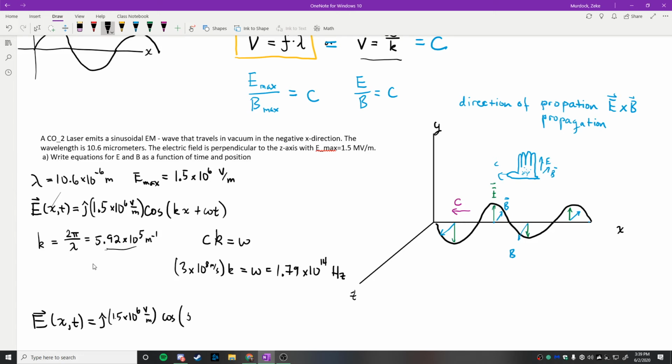So it's 5.92 times 10 to the 5 inverse meters times x. So kx is going to give you units of 1, and then plus omega, which is this, 1.79 times 10 to the 14 hertz times t, and that is your electric field as a function of time.